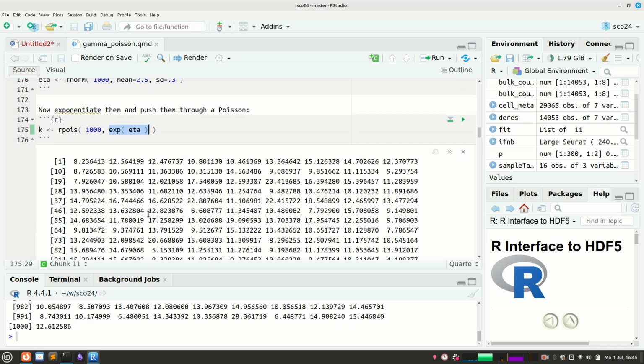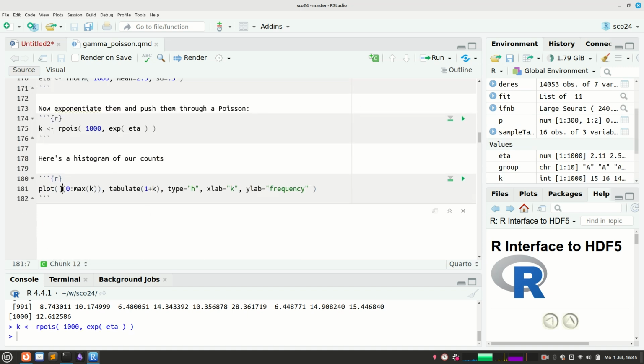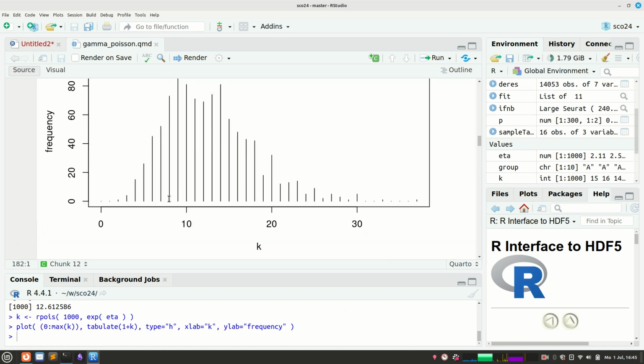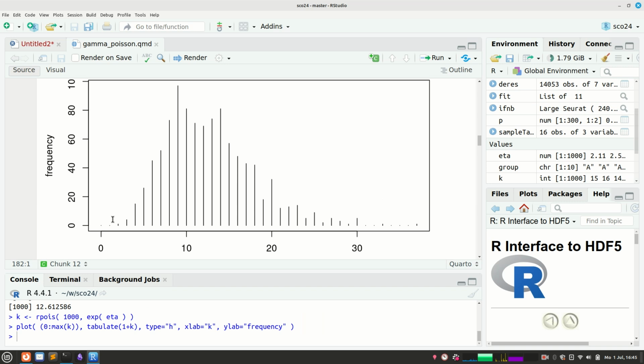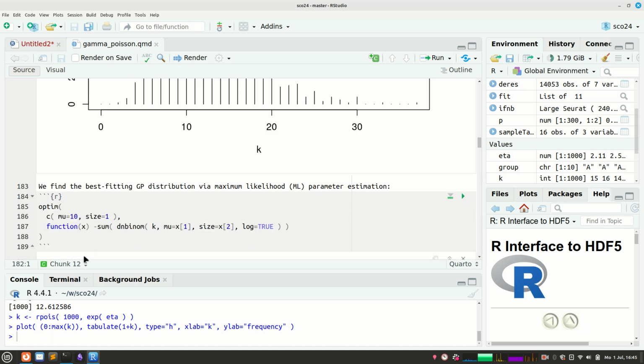Obviously I have to exponentiate it because it's log normal, and I use this as rate parameter for my Poissons. And now I get this Poisson distribution here, where you can see how often I got each value in the range up to 36. And now I want to find the best fitting gamma Poisson distribution via maximum likelihood. And I do this as follows.